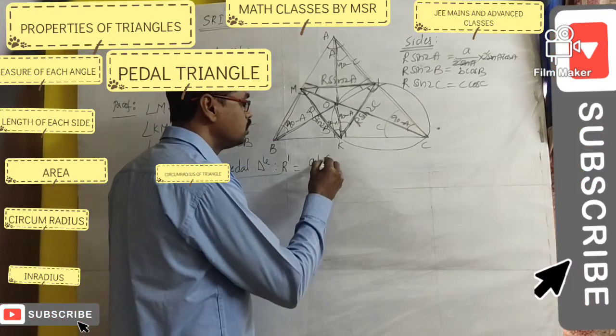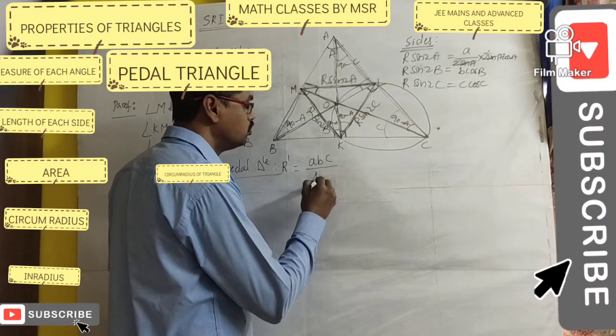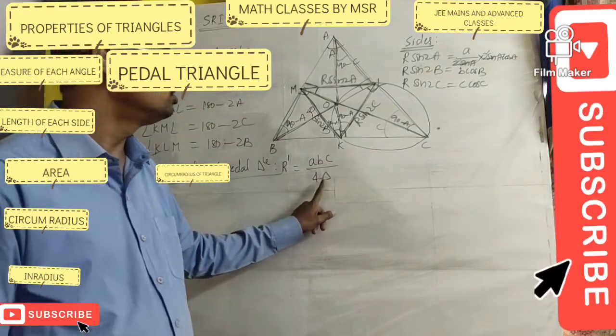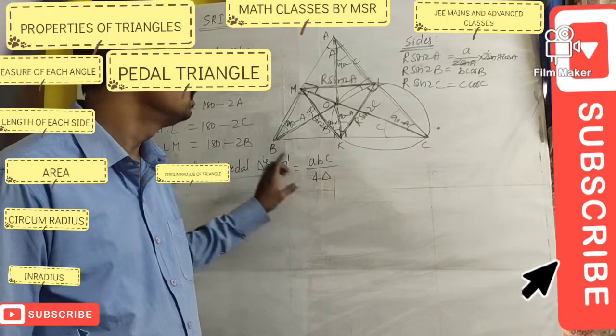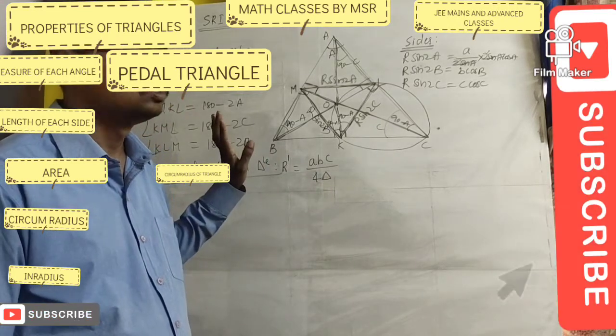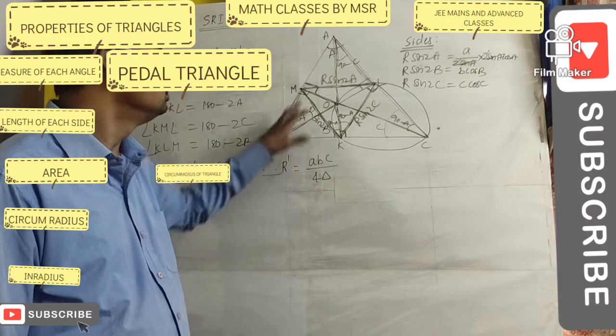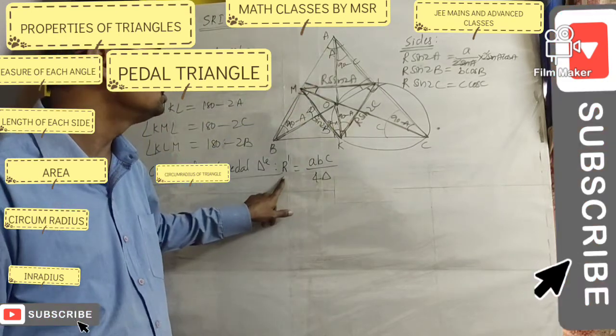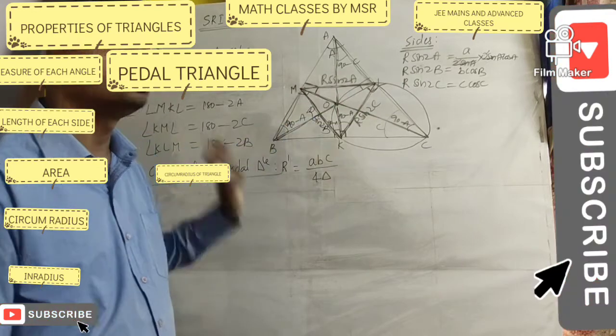We know that abc by 4 delta, the product of the sides by 4 times the area of the triangle, is nothing but the circumradius. Here capital R is the circumradius of triangle ABC. Here R dash is the circumradius of the pedal triangle.